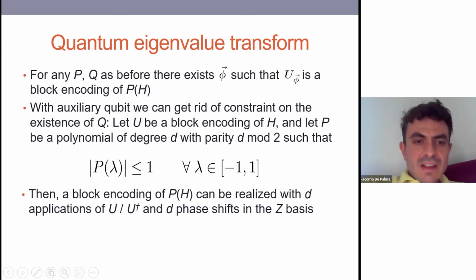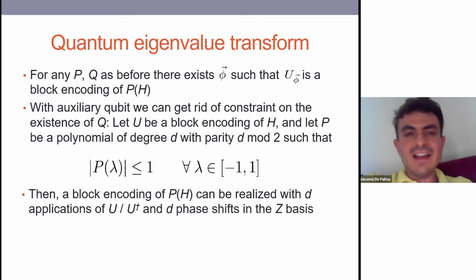Then it can be proved that we can always realize a block encoding of P of H with the applications of U or U dagger and the phase shifts or rotations in the Z direction on the auxiliary qubit. So in this way, we can realize all the functions that are polynomials that have a definite parity. And the complexity that we need scales linearly with the degree of the polynomial that we have.